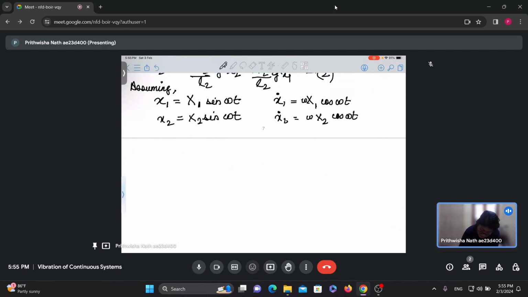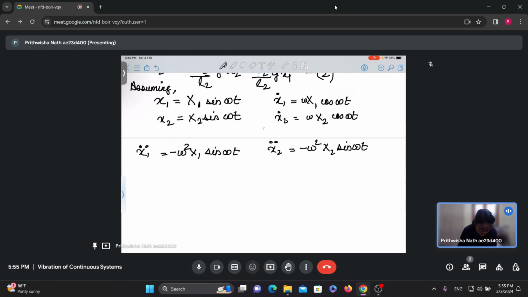Therefore x1 double dot becomes minus omega square x1 sin omega t, and x2 double dot becomes minus omega square x2 sin omega t.